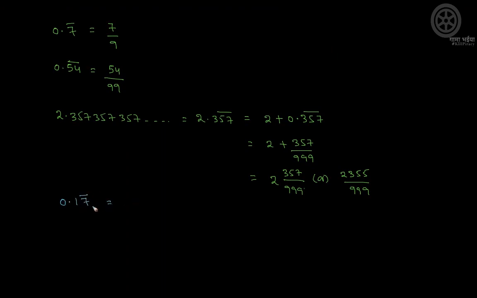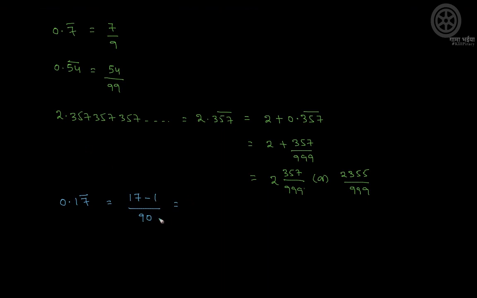If the bar doesn't cover both the numbers, what number has been left here? 1. So the numerator will be 17 minus 1 by 90. You need to write 90 instead of 99.